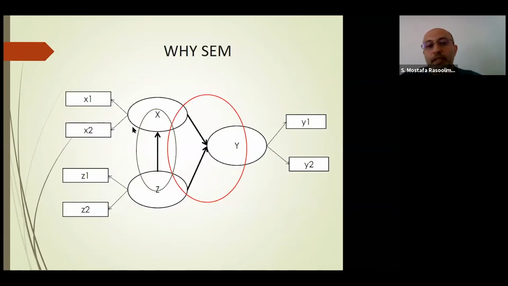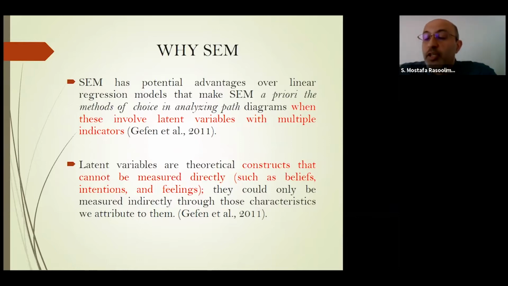Okay, for example, here we have X and Z influencing Y. So this seems a simple model, but still for this simple model, we cannot run it together. We need to run one time X and Z effect on Y, and another time Z effect on X. So these are the 2 main differences between structural equation modeling, the second generation of analysis technique, and the first generation techniques.